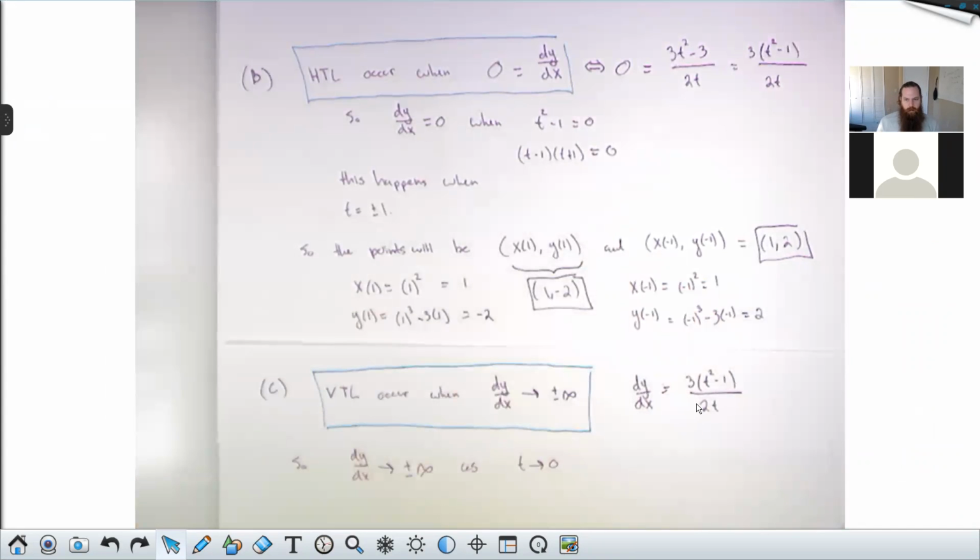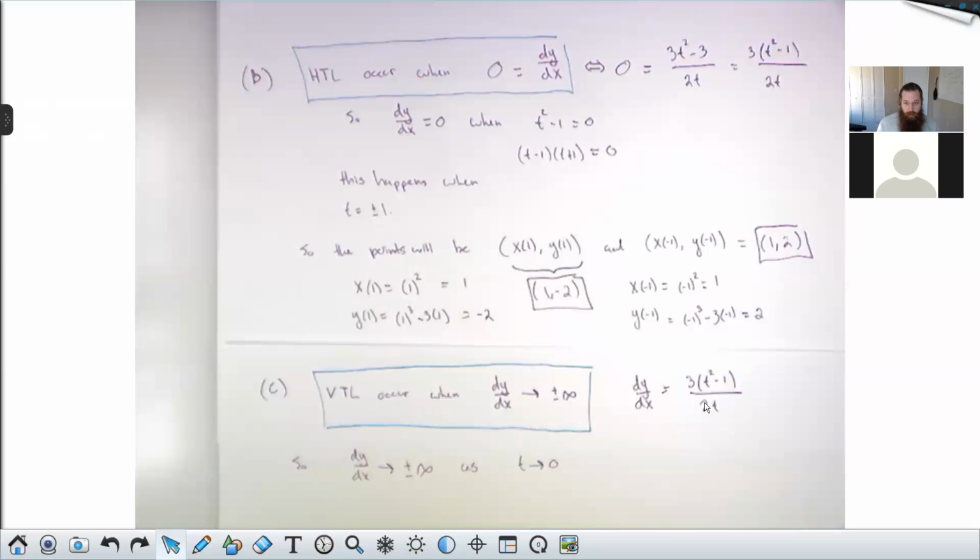Because this 2t downstairs here, as he goes to 0, as long as the top isn't going to 0, that will make the whole thing go to infinity. So essentially, for HTLs, you set the top of the derivative equal to 0, and for VTLs, you set the bottom of the derivative equal to 0.